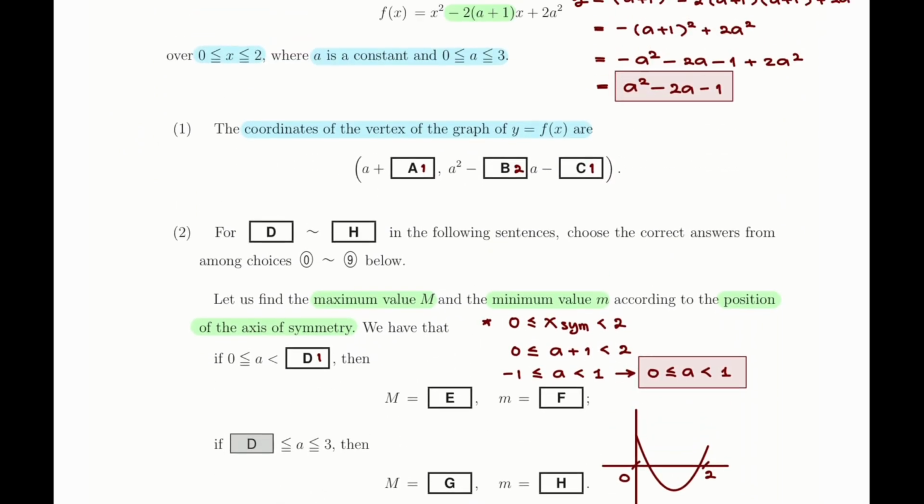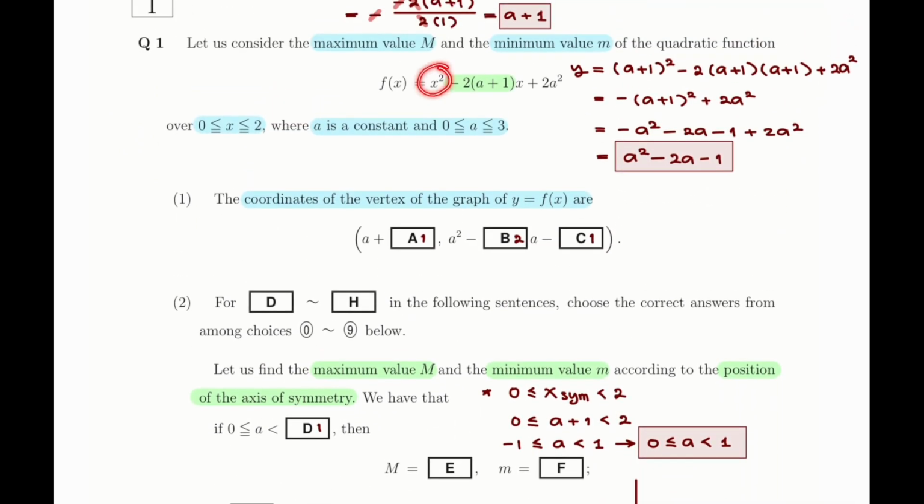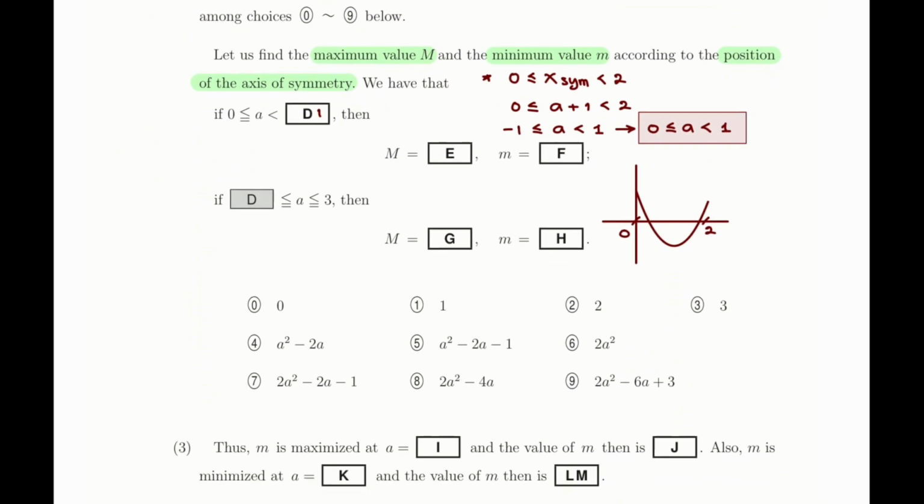It is because the coefficient of x squared is greater than 0. Since the coefficient of x squared is positive, the parabola opens upward. I do not know whether this value of y is above the x-axis or below the x-axis. It can be something like this. I do not know.